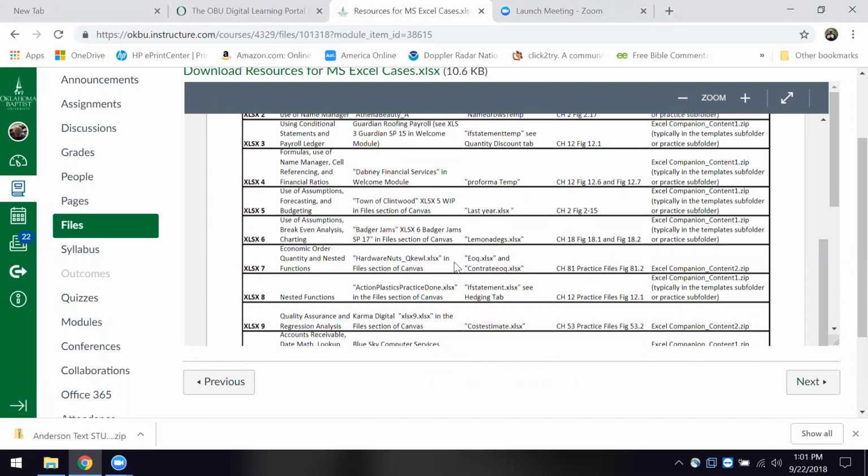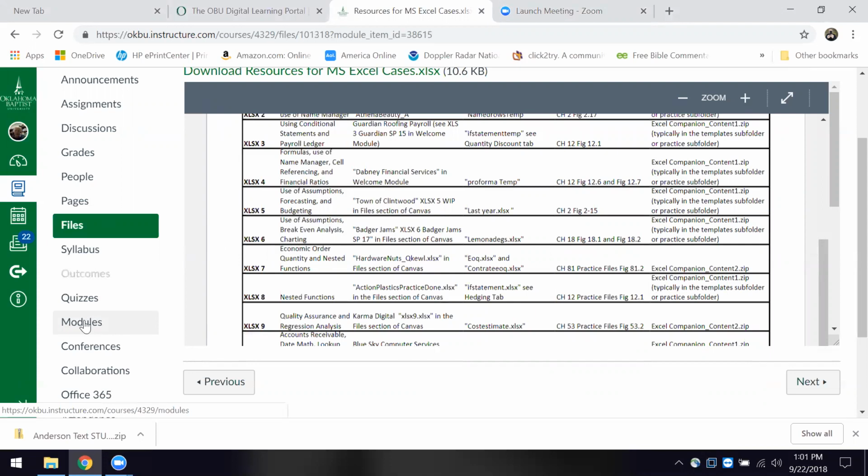And then the practice files out of the Excel companion content, but this is number 2, and that's a zip file, and it's loaded over there in the files, and that'll get us rolling for XLS 7.